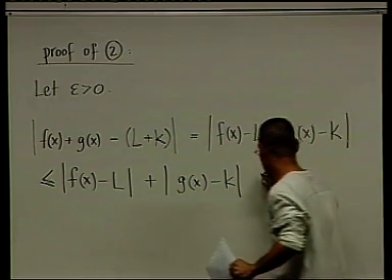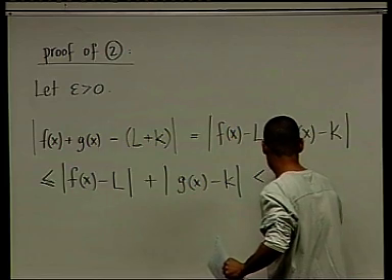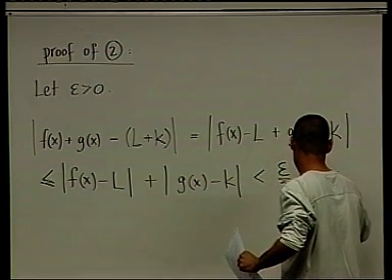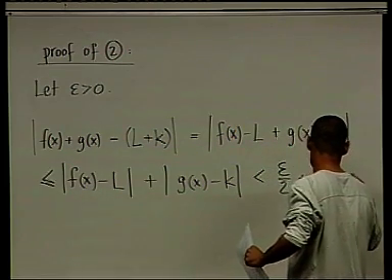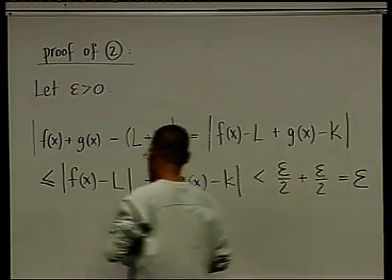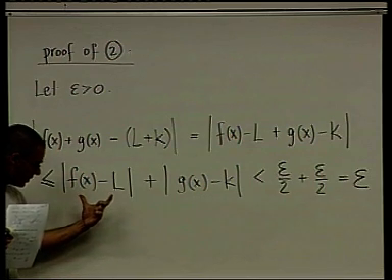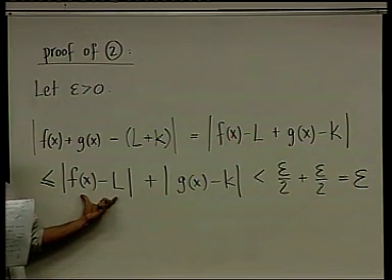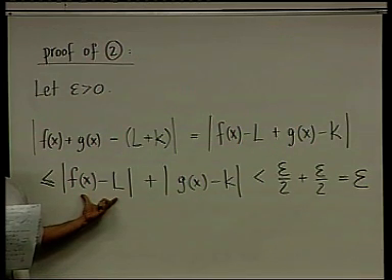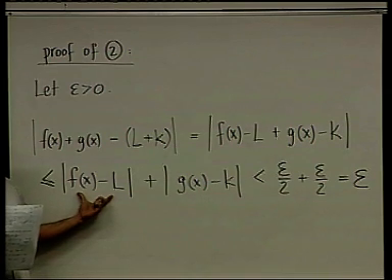So that's what I'm going to make happen. How can I guarantee that just this factor is less than epsilon over 2? Can I guarantee that? Less than epsilon over 2.